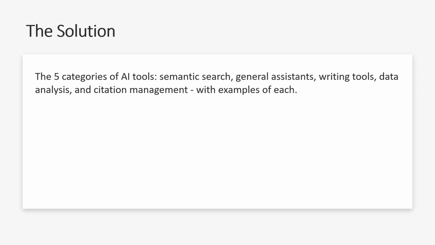Now let me help you think about which tools you actually need to prioritize. The key question to ask yourself is, what specific challenge are you trying to solve right now in your research? If you are struggling to find relevant literature efficiently and feel like you are missing important papers, you need semantic search tools as your first priority.